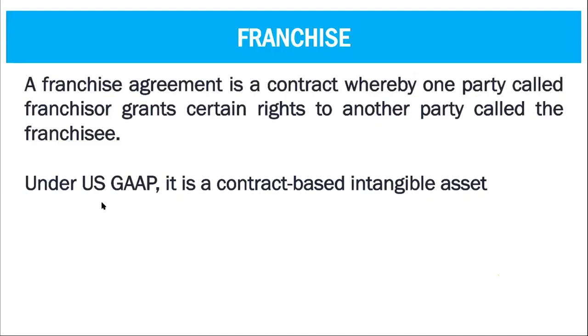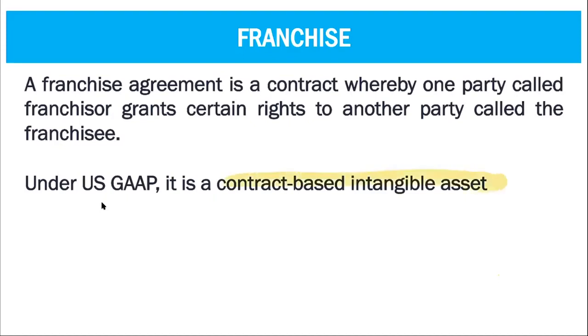Those are different franchises. So there is a franchisor and a franchisee. The franchisor is the actual possessor of the right. And the one who wants to use that particular right is known as the franchisee. Under US GAAP, this is known as a contract-based intangible asset.